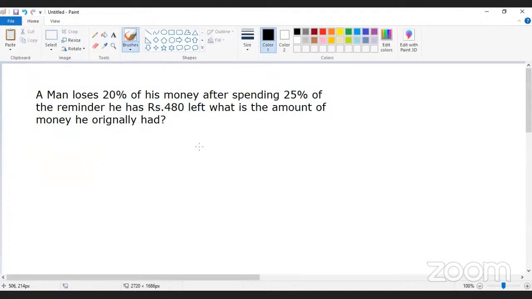Okay, so now I'll have X money. He lost 20%, that means remaining 80%. Got it? A man loses 20% of his money after spending 25% of the remainder. I don't see any full stop in your question.